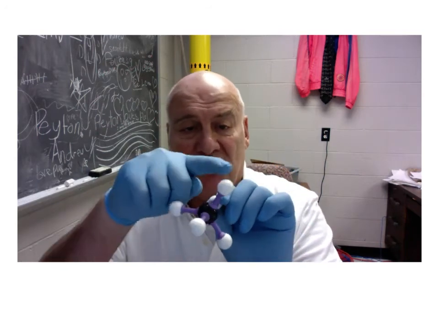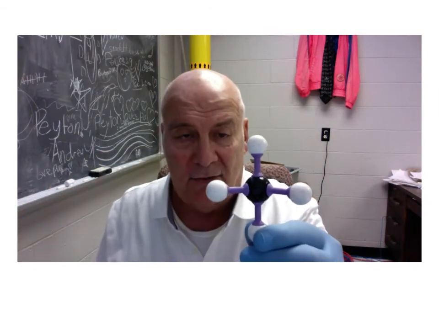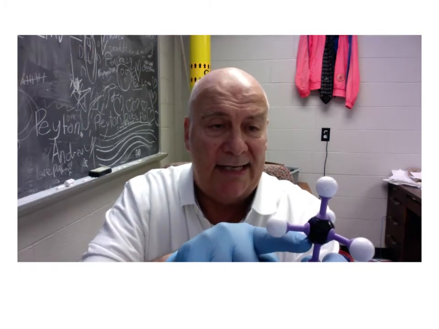There's a 120 degree angle triangle in the middle of the molecule. So in the middle here are 3 B's all spread apart by 120 degrees.